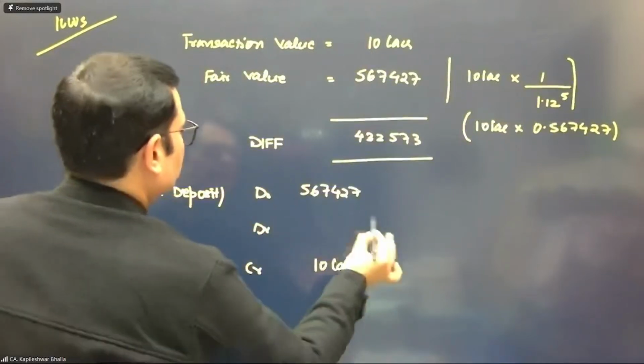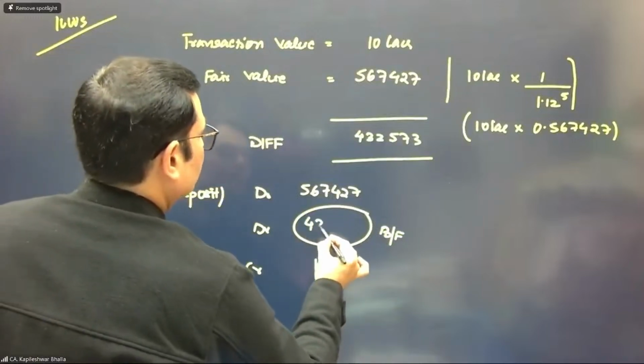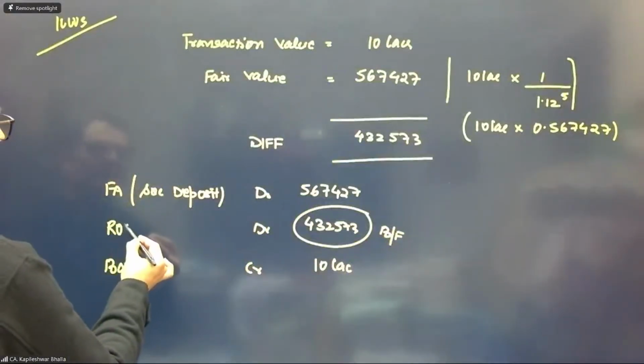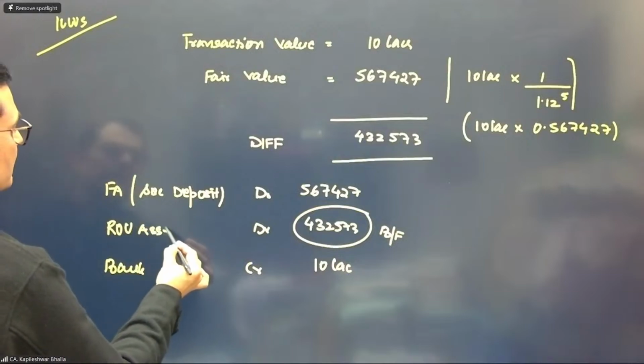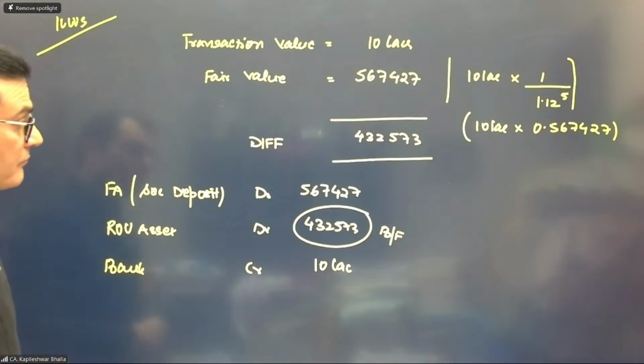And the difference in this particular case is the balancing figure, which is 432,573. This will be called a right of use asset, which is to be depreciated over a period of time. So this is how the entry will look at the very inception in this case.